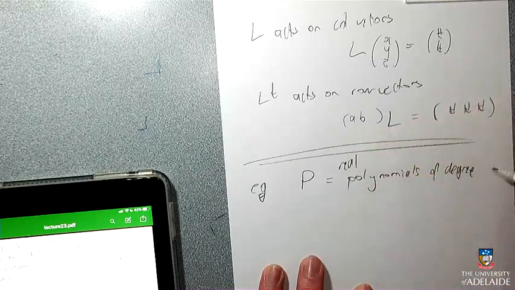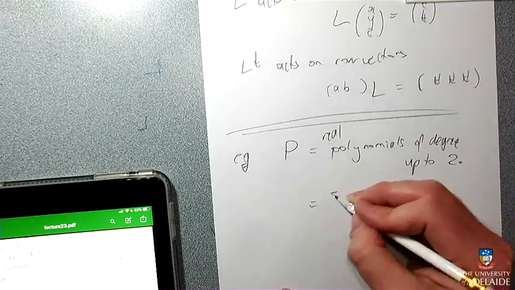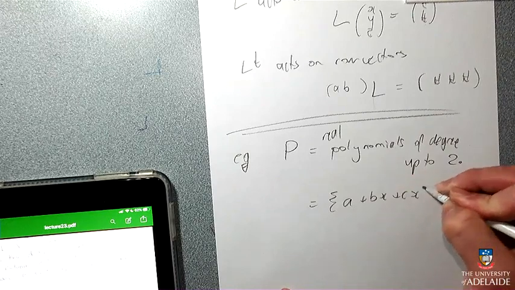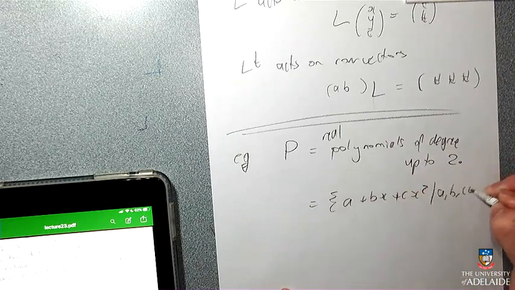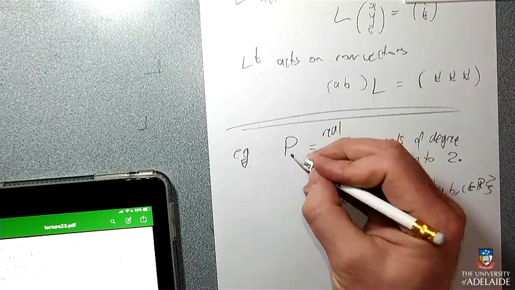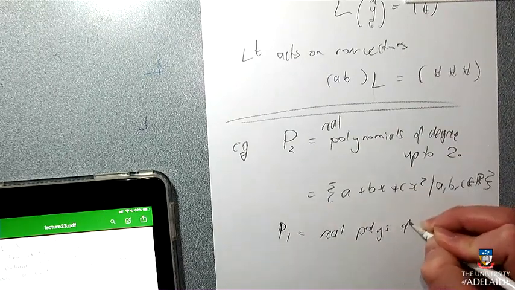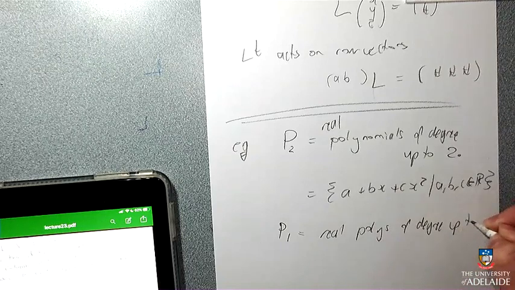Take real polynomials of degree up to 2. There's a linear transformation from, let's do this as P2. Let P1 be the real polynomials of degree up to 1.